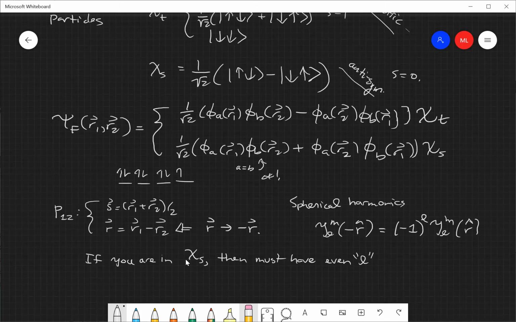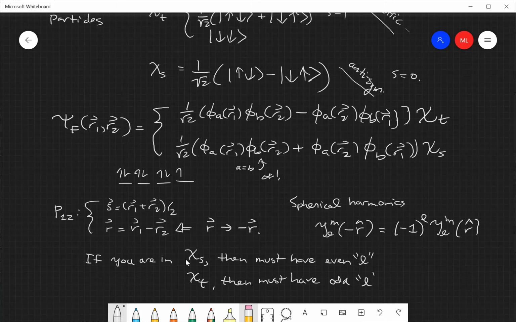And conversely, if you're in the triplet, then we know that the spatial part of the wave function must be antisymmetric. Then that means that the orbital part, remember the orbital angular momentum has to do with the spatial wave function, right? So the even or oddness of the spatial wave function is determined by the angular momentum of the spherical harmonics.